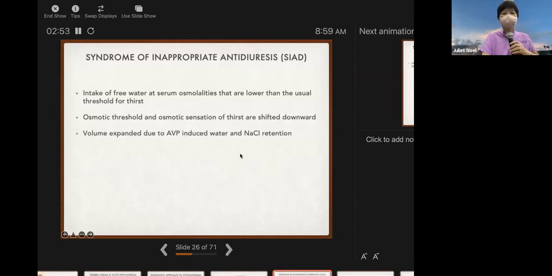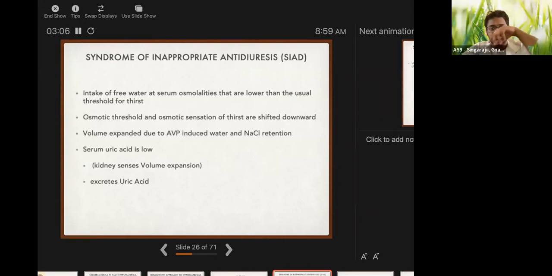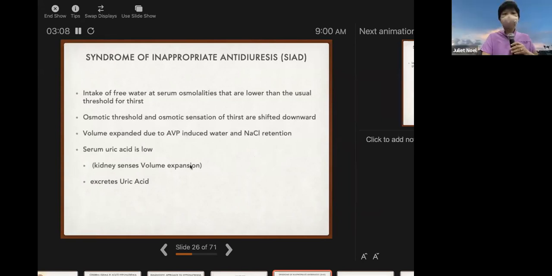Volume is expanded due to vasopressin-induced water and sodium chloride retention. So when the volume is expanded, the kidney senses that and also excretes further uric acid. That's why you will have serum uric acid that is low in SIADH.